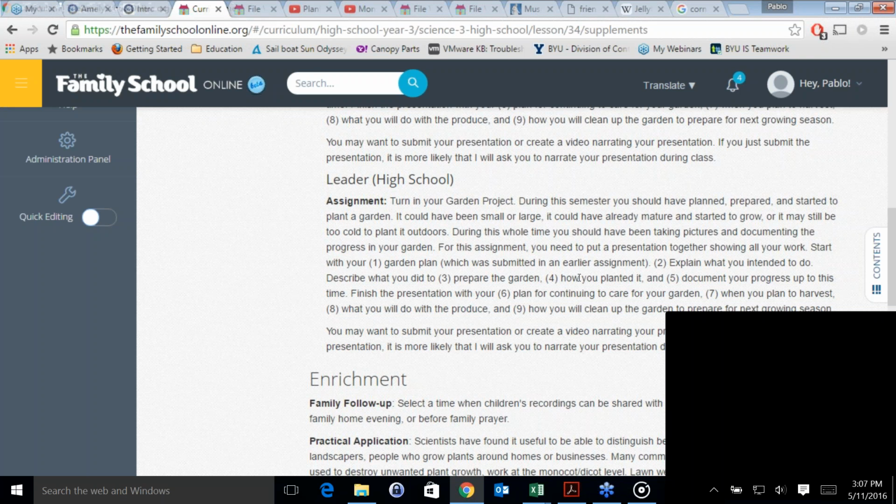Most of us have not had the chance to grow the garden to the point where we can harvest or anything like that. Nathan is probably the only one living in a warmer climate that has done that. But that is where we will be going.